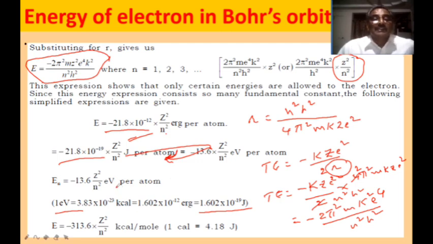And in order to convert these electron volts, we have to multiply with 1.602 into 10 to the power of minus 19 joules. If they are divided by 1000, we get kilojoules. The joules can be converted into kilocalories. 1 calorie is equal to 4.18 joules.